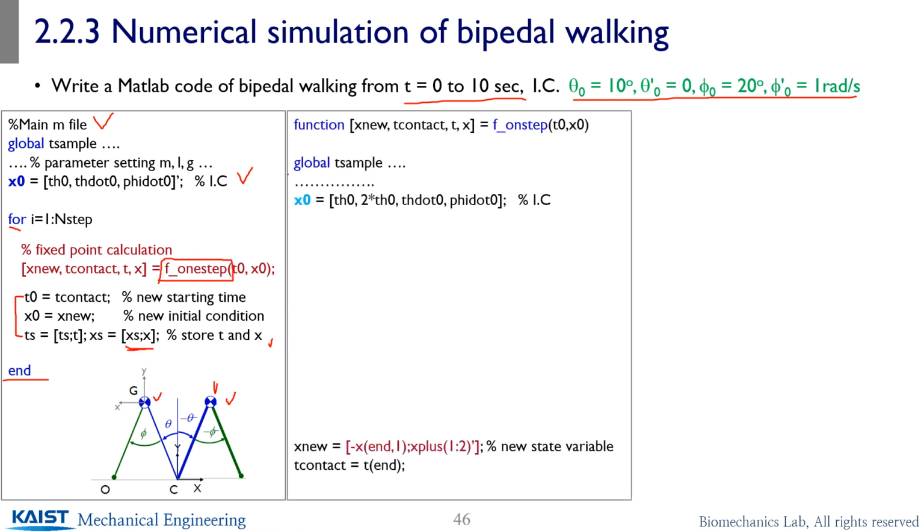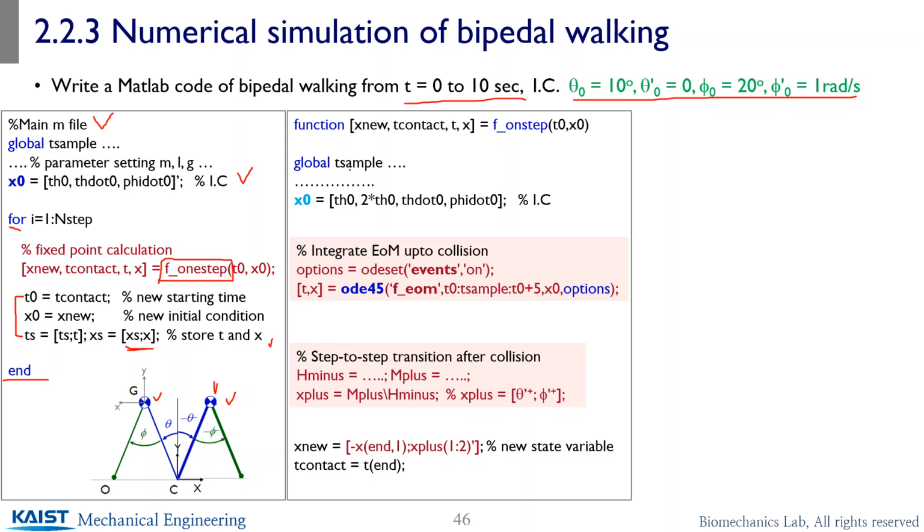Now, your F1 step is composed of what? Two steps. One is to calculate the equations of motion integral, and the other is handling the collision problem, right? So after solving the equations of motion, you actually solve up to when the collision occurs. So events should be turned on, and you have to solve the EOM for theta and phi, two parameters.